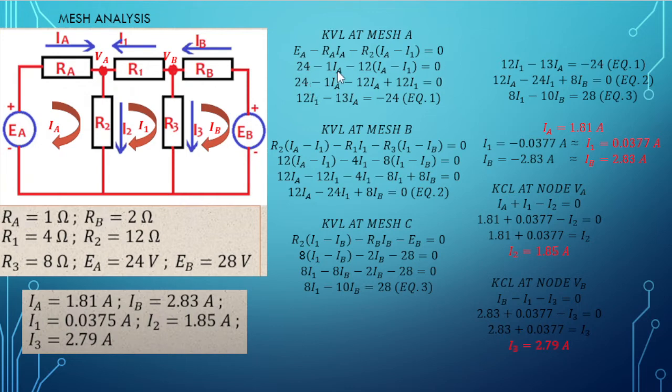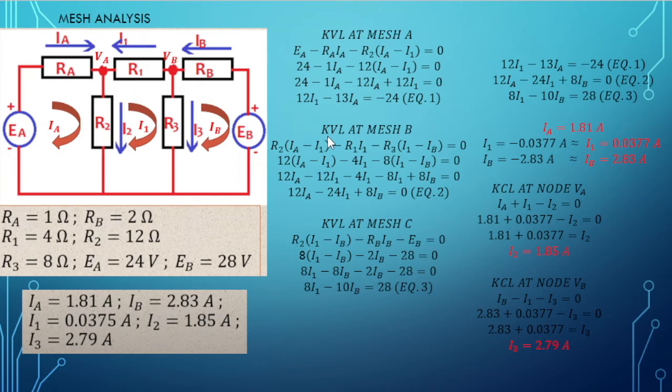So transpose this to the other side. So we have 12 I1 minus 13 IA equals negative 24. So this is our equation number 1.